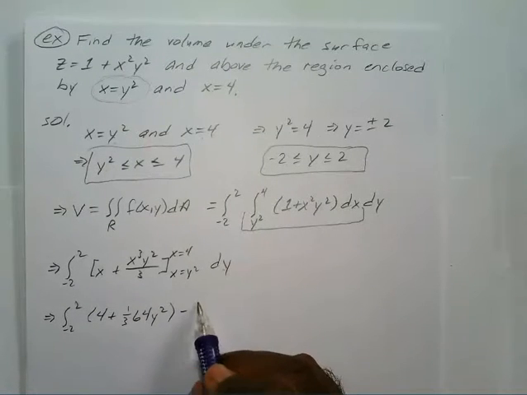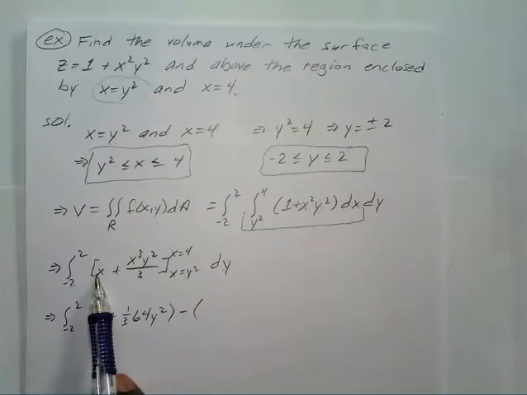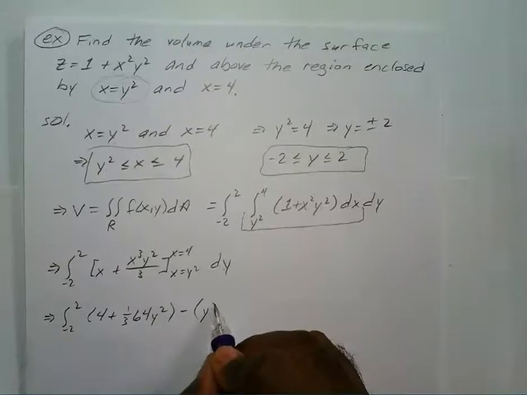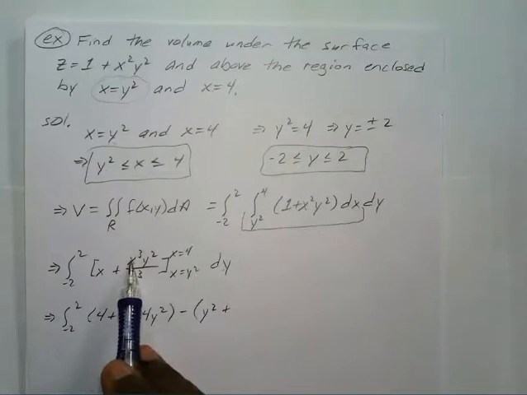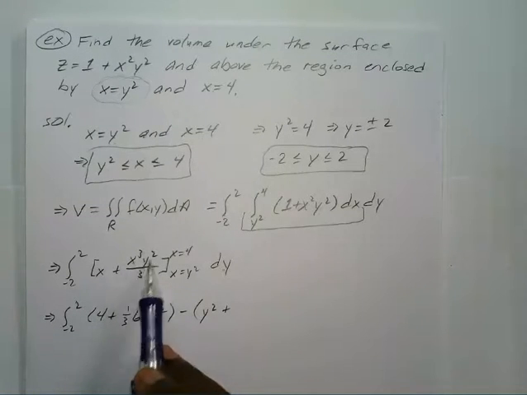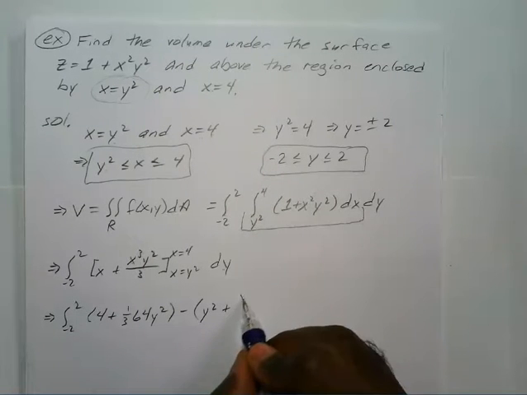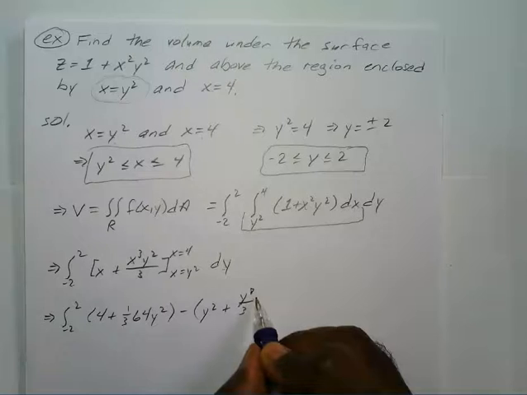Minus, now we plug in y squared for x, which gives us y squared, plus y squared to the third power, which is y to the 6th, times y squared is y to the 8th power over 3.